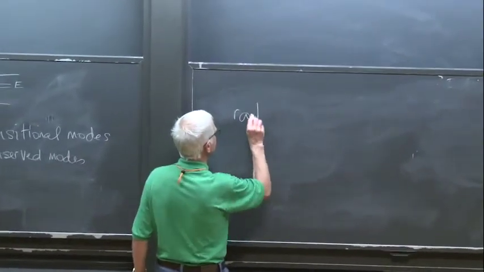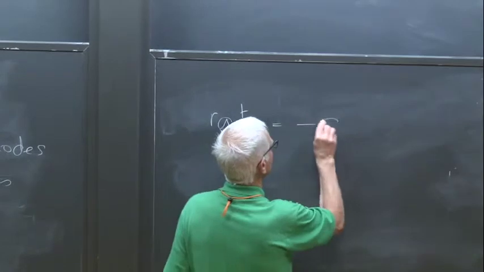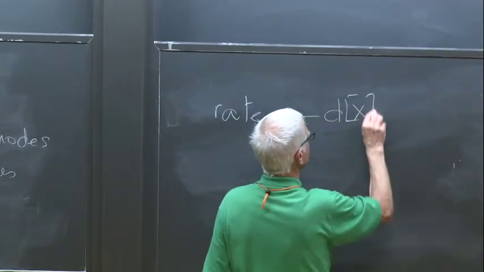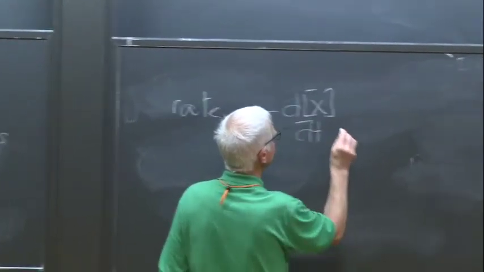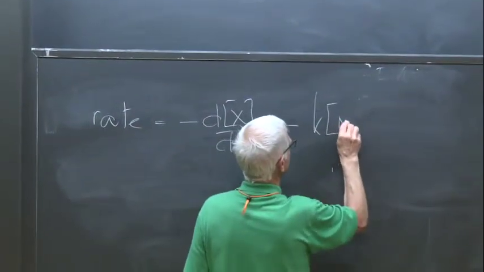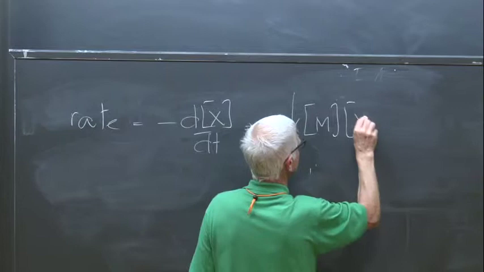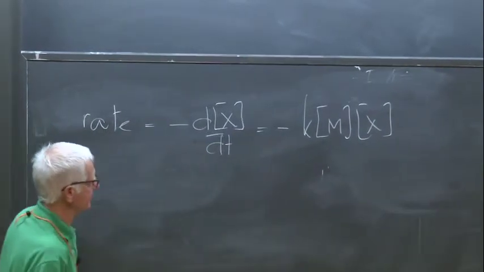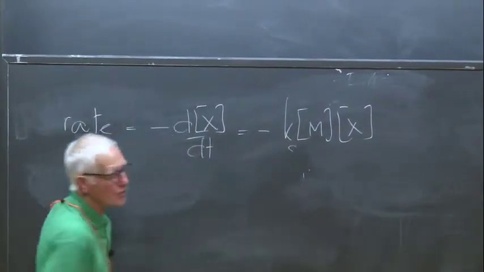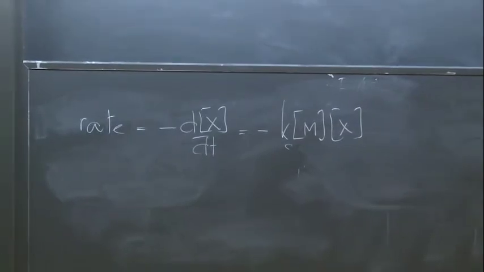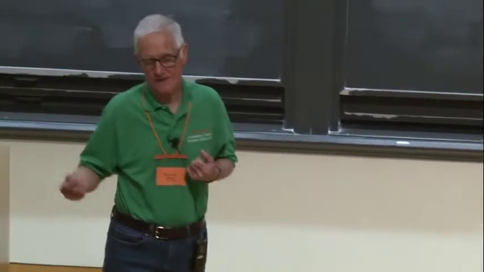So a rate is equal to, say, minus dx by dt, which is minus k times m times x. So that's the rate of that process. It's got units of molecules per centimeter cubed per second.